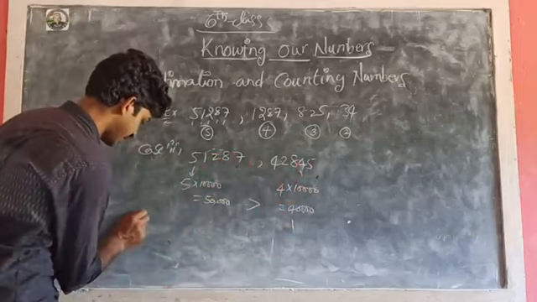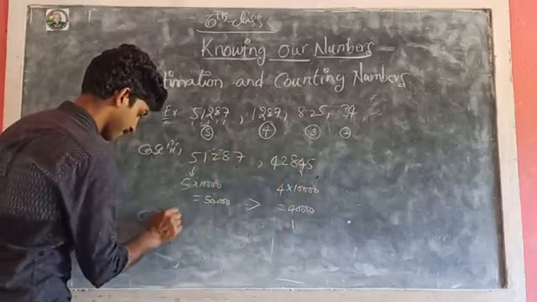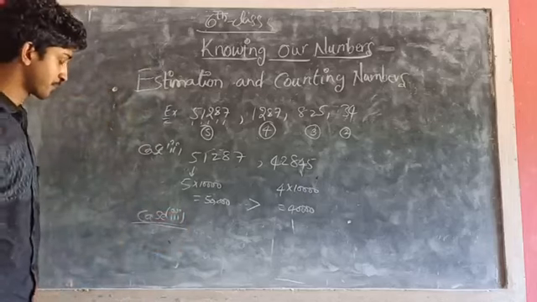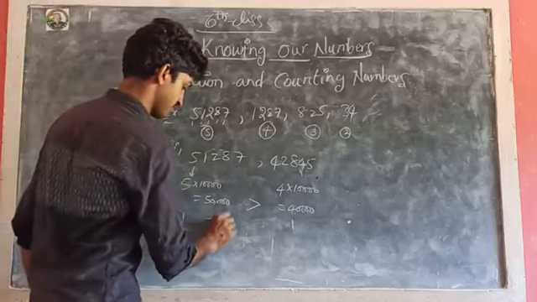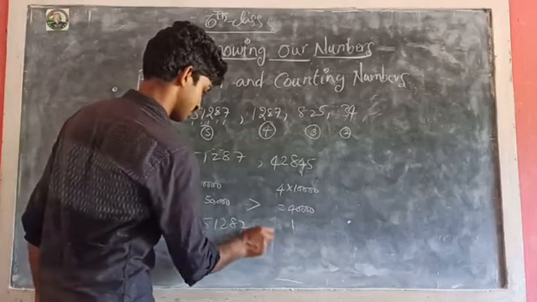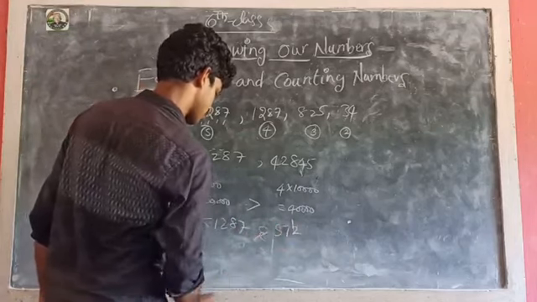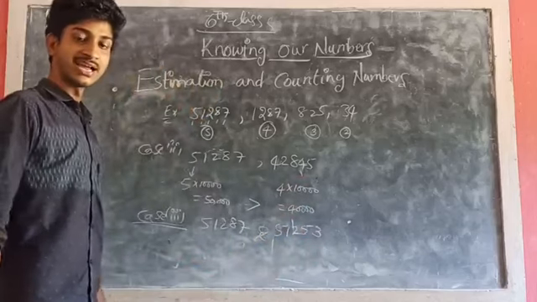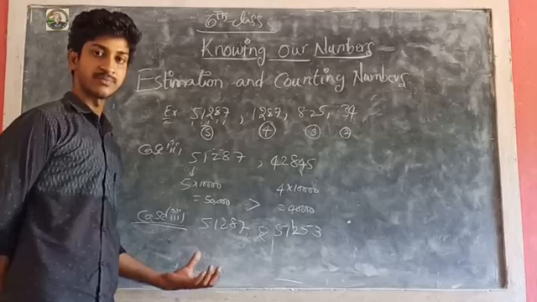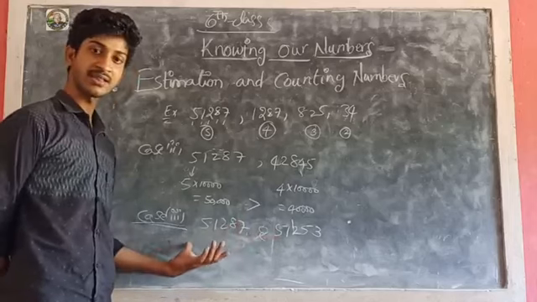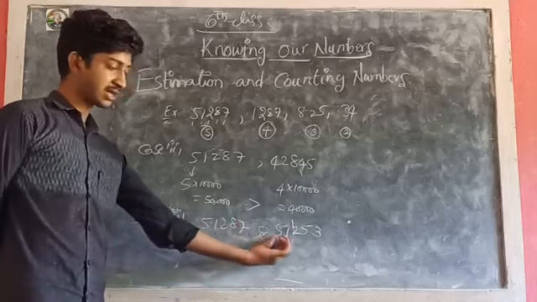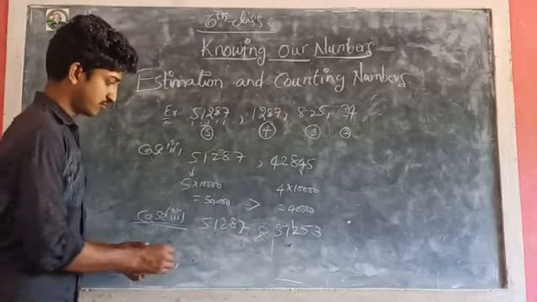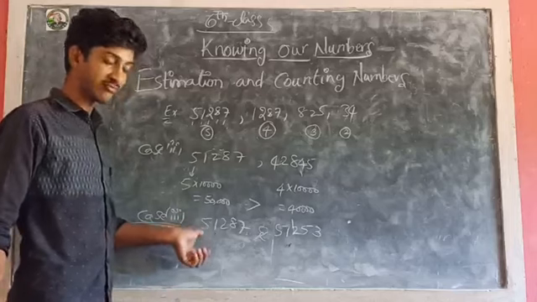Okay, and case 3. In case 3, the digits of your numbers are the same, and some digits are equal too. So in this case, we have to compare the digits one by one.